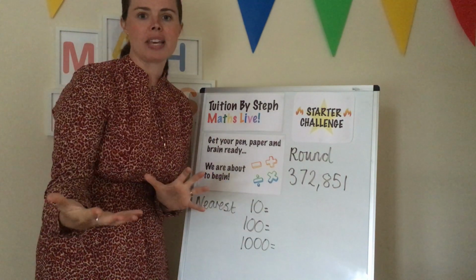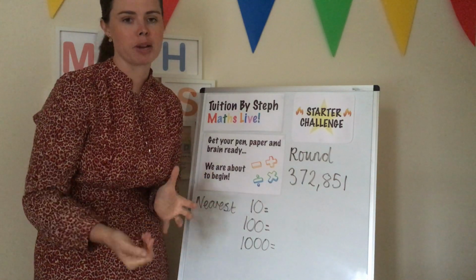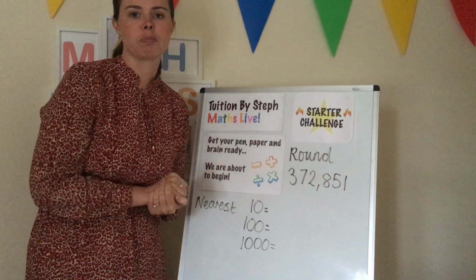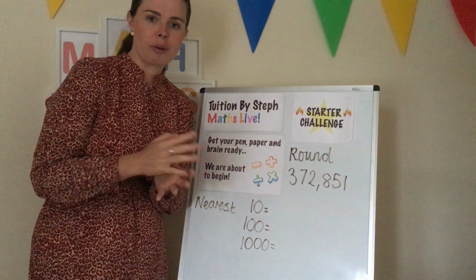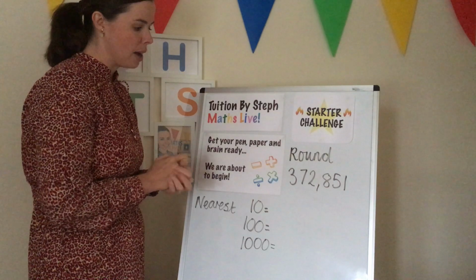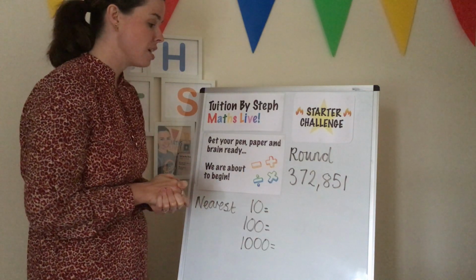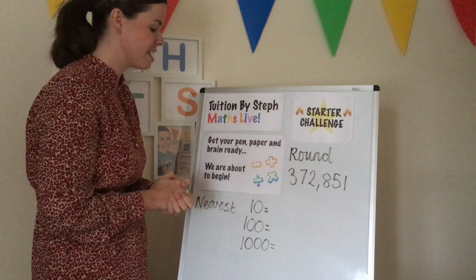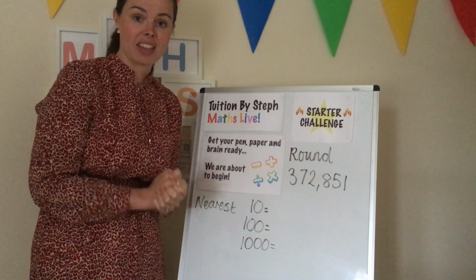The good thing about this is that you can pause. So when you're working on a task that I give you, you can press pause, work on it, and then press play to see the answers. So your stars challenge, coming from yesterday's lesson, is to round this number, 372,851, first of all to the nearest 10, the nearest 100, and the nearest 1,000.